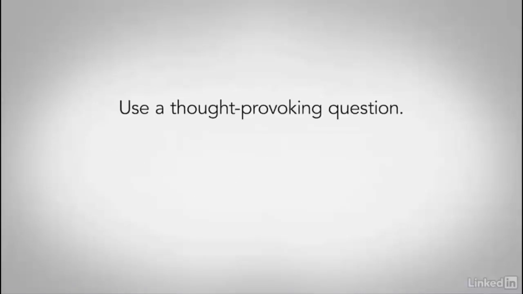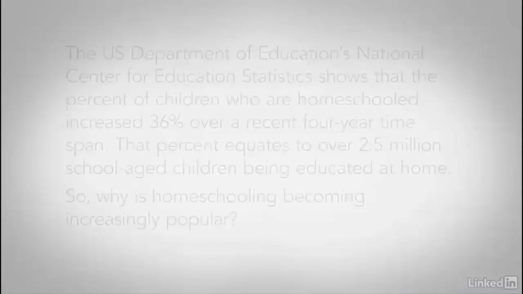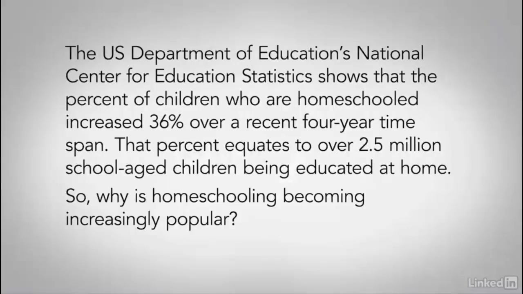A thought-provoking question is yet another choice. The U.S. Department of Education's National Center for Education Statistics shows that the percent of children who are homeschooled increased 36% over a recent 4-year span. That percent equates to over 2.5 million school-aged children being educated at home. So why is homeschooling becoming increasingly unpopular?